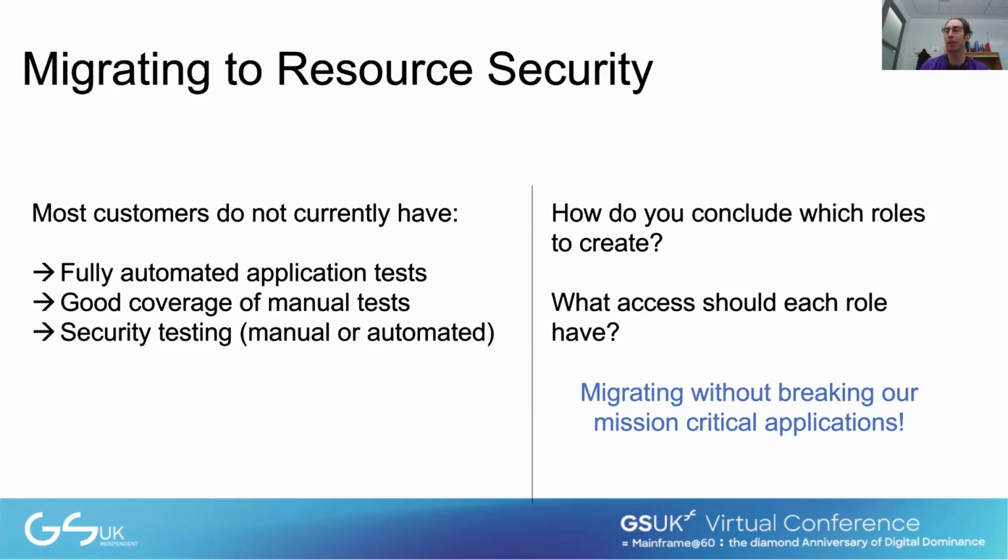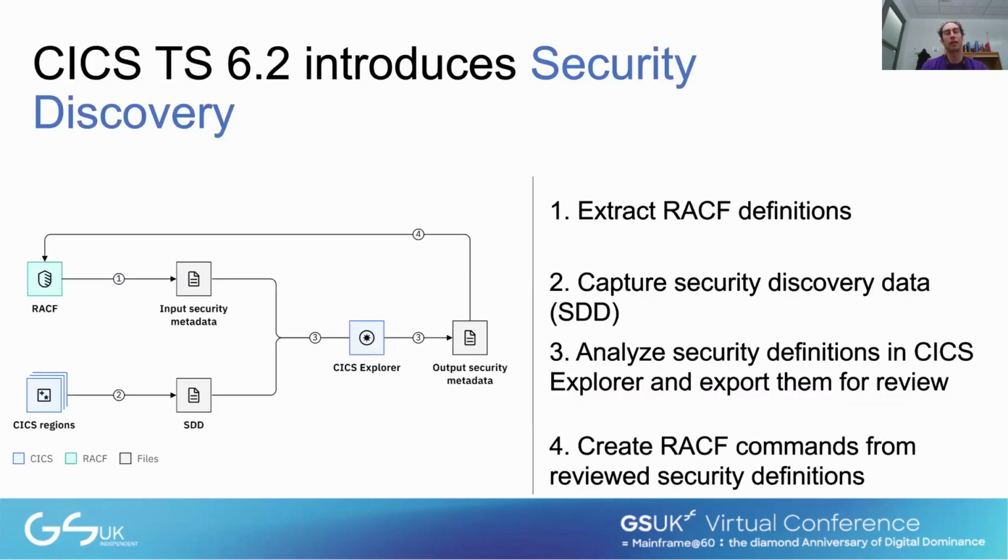You don't want to go and put in a whole lot of very strict resource security checks and end up in production and within 5 minutes nobody can do anything. So that's what we're trying to avoid, and that's what the facilities that we're adding here in 6.2 provide.